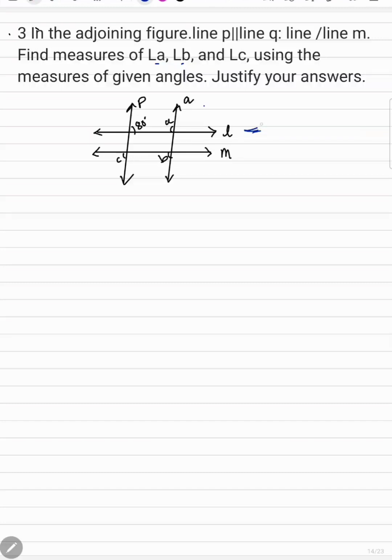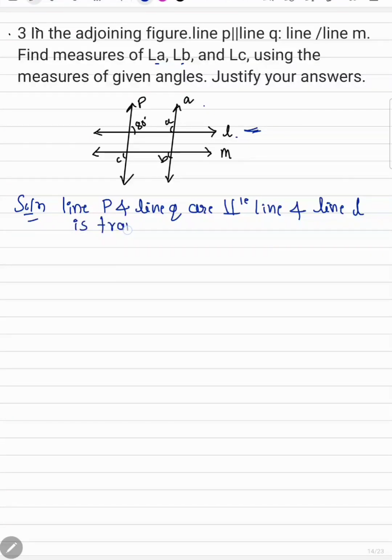And here we write the solution. In the statement, let line P and line Q be parallel lines, and line L is a transversal, as written in the question.